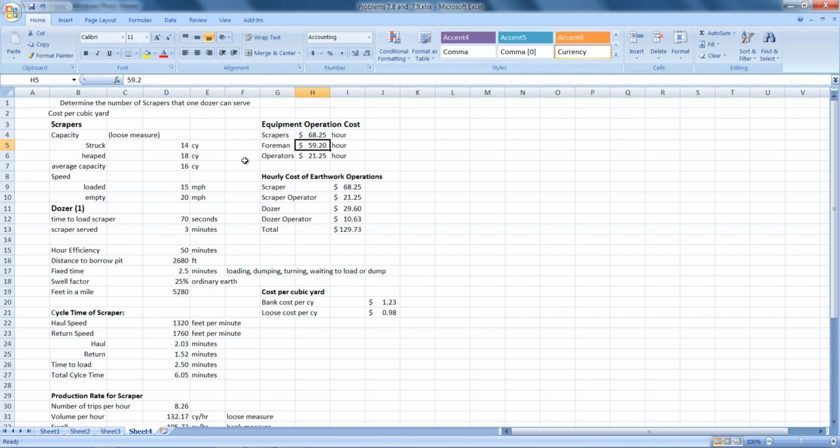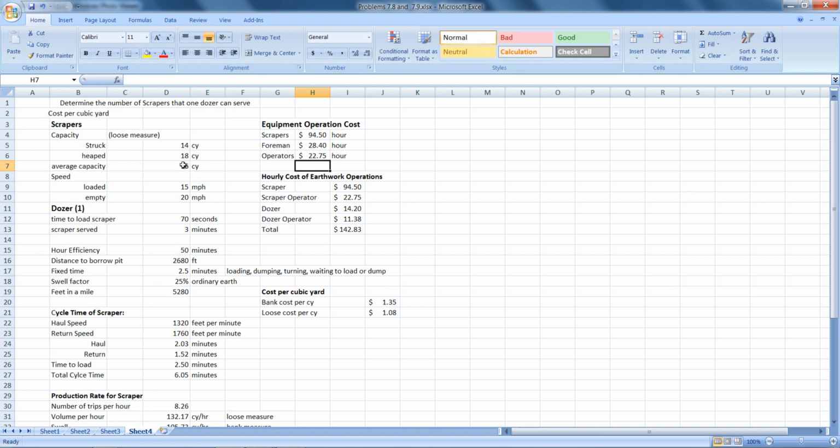And so the scrapers were, they said, $94.50 an hour. The foreman cost $28.40 an hour. And the operators were $22.75 per hour.